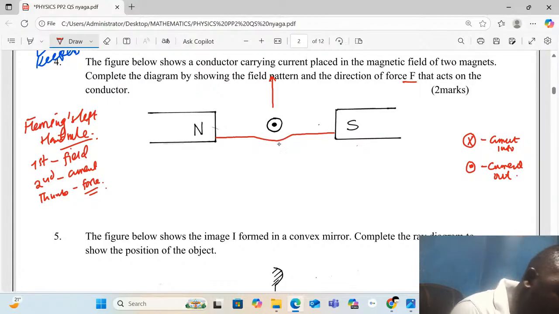So at the bottom, we are going to have stronger fields, like this, which are somehow close together.